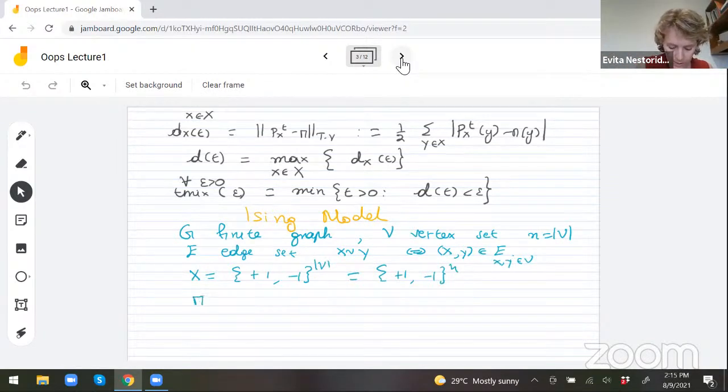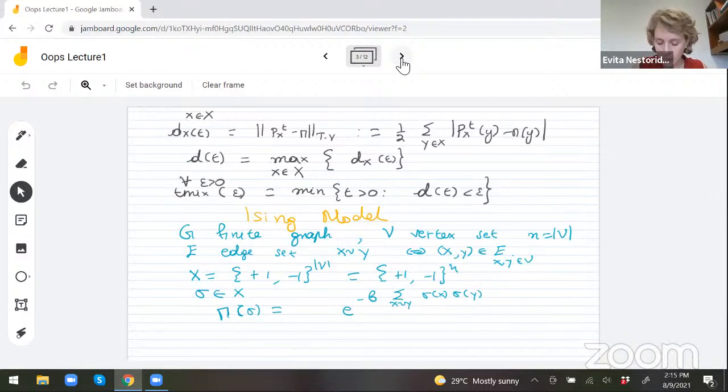If we take a configuration in X, the mass that it will have is given by e to the minus beta, where beta is a specific parameter, times the sum over all edges of the product of their spins. And of course, to make this a probability measure, we will need to normalize.